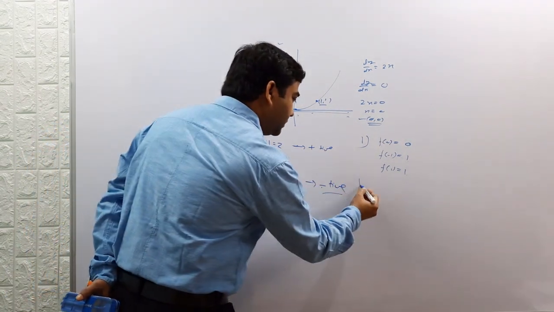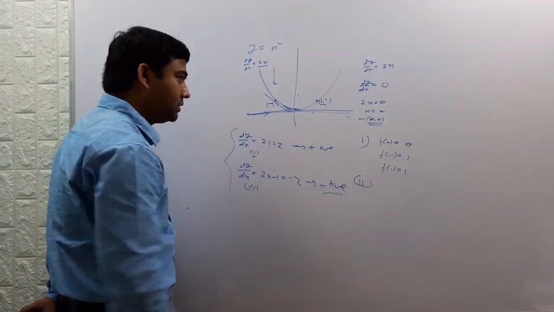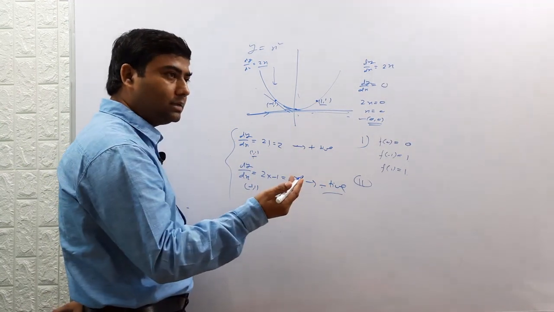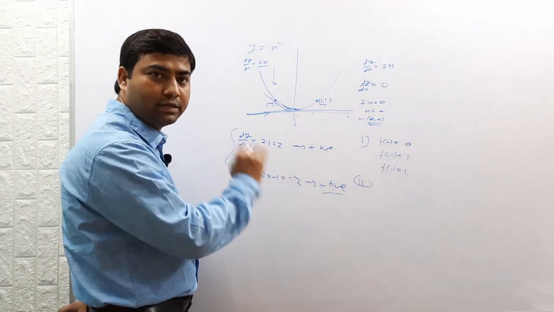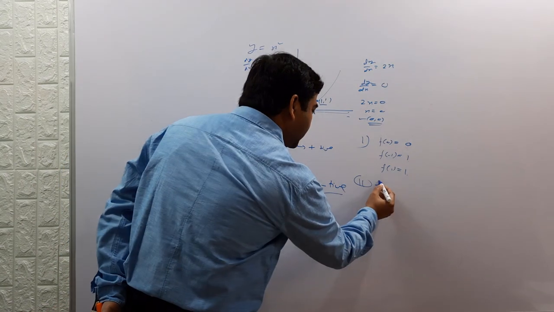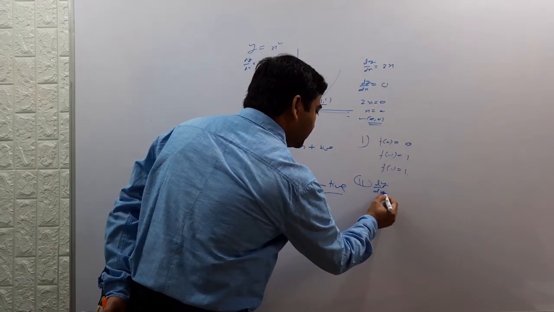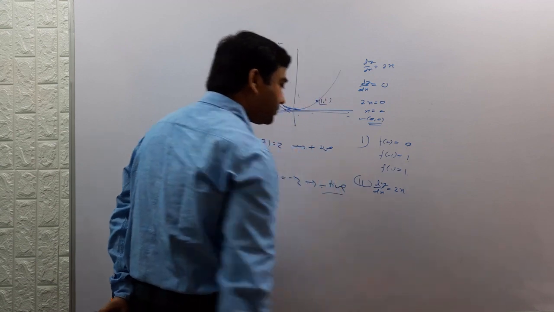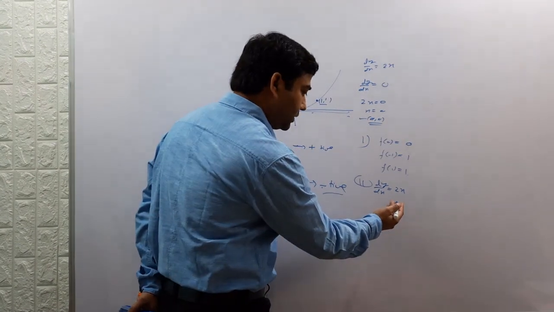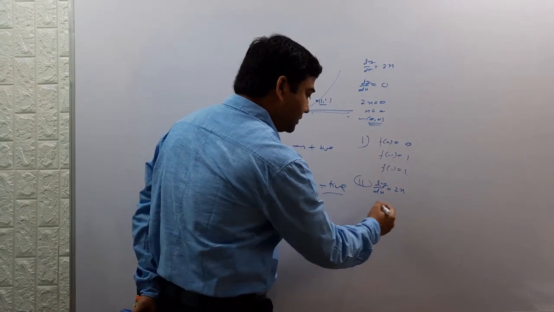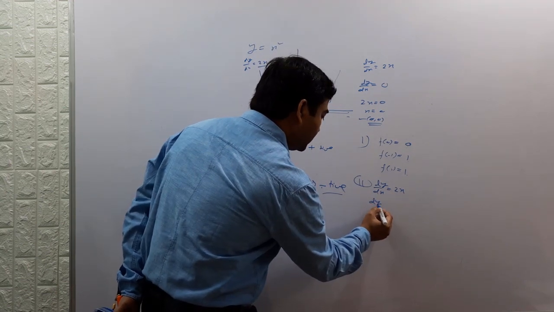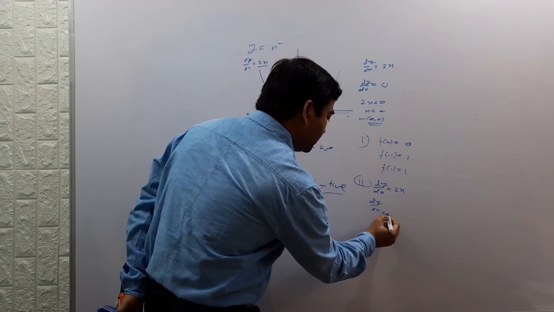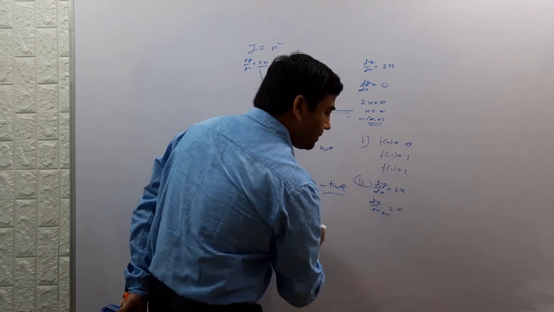Second method, derivative method. Find the changing trend of the sign of the derivative. So dy over dx is equal to 2x. Put x equal to 0 at the turning point, dy over dx is 0.